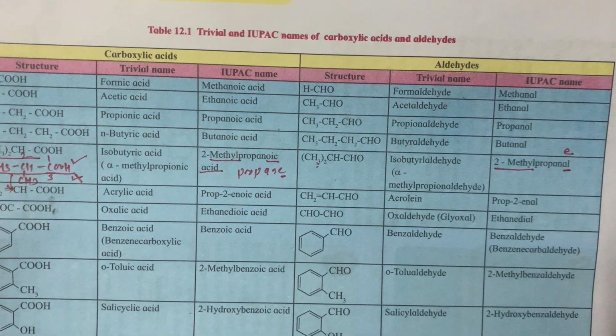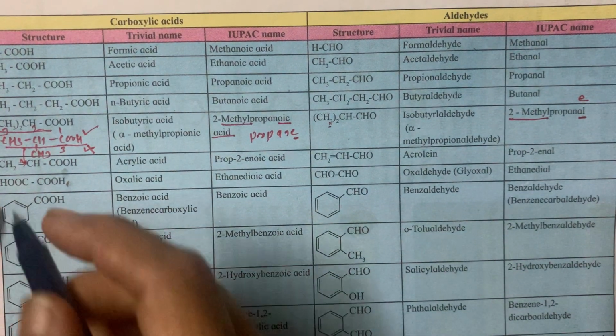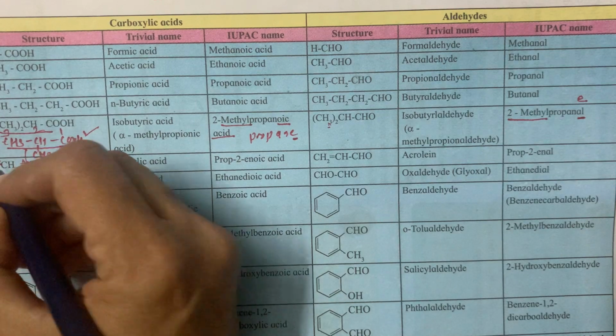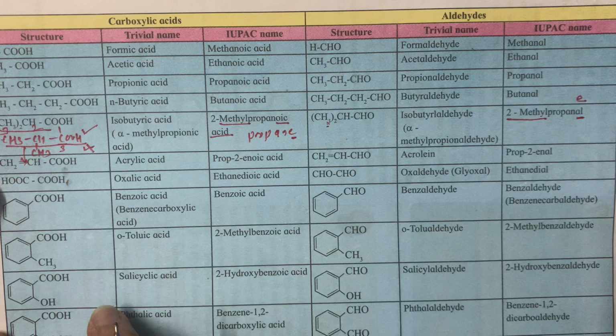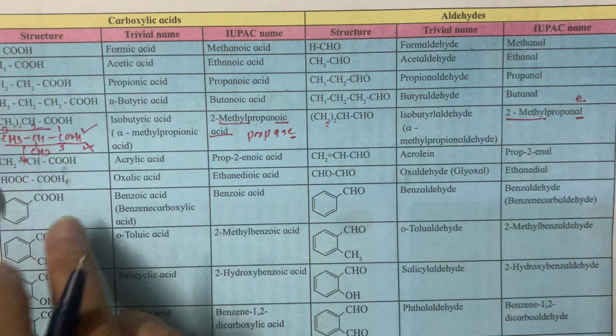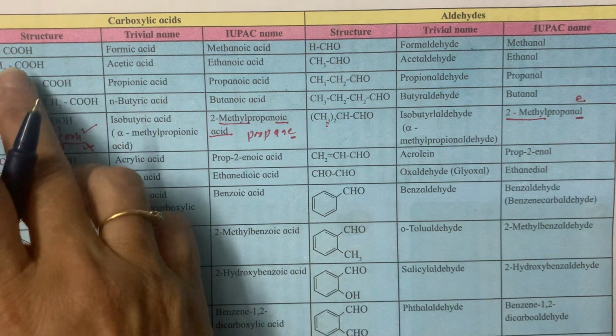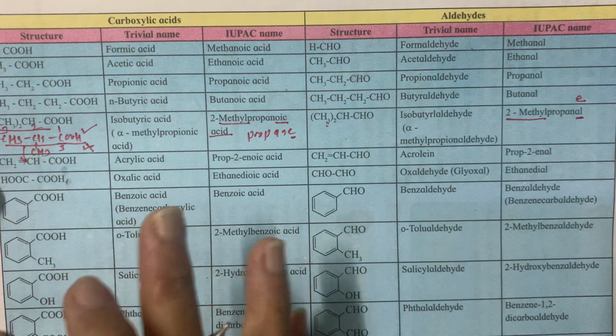Then this is a particular example, and we have to remember which is exceptional. Exceptional means this is not according to the order of 1 carbon, then 2 carbons, then 3 carbons, not like that.